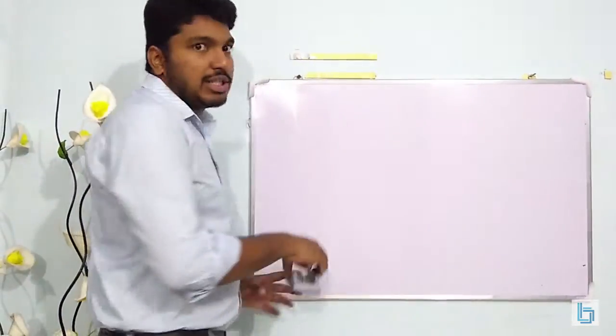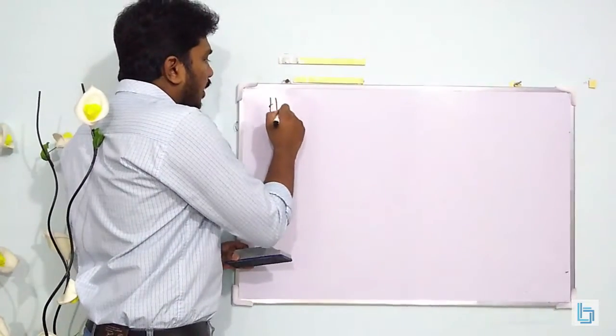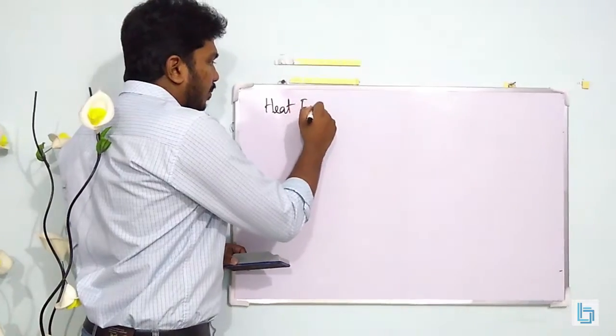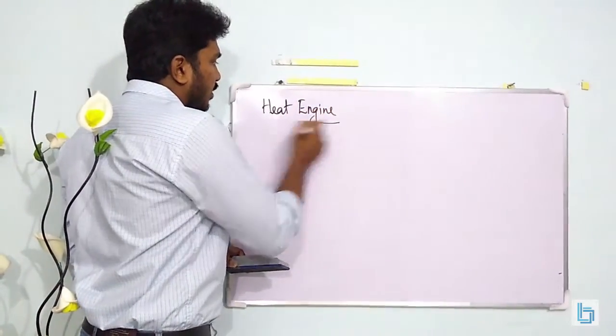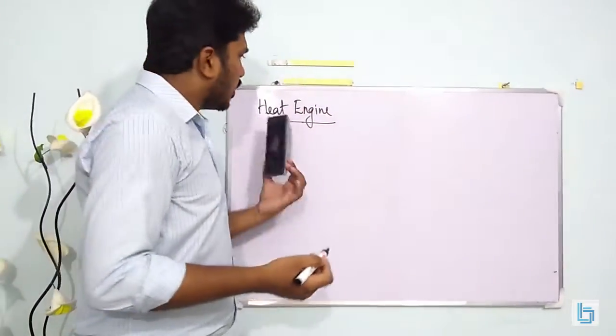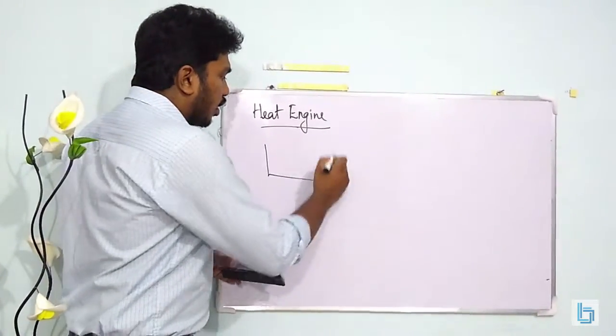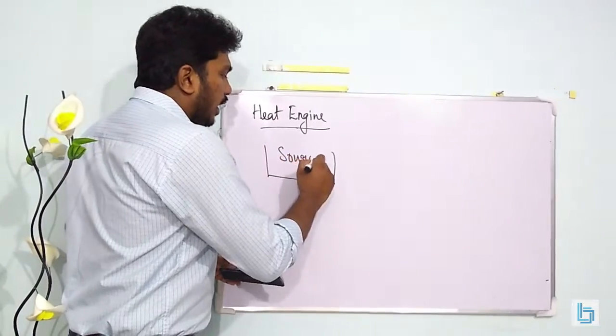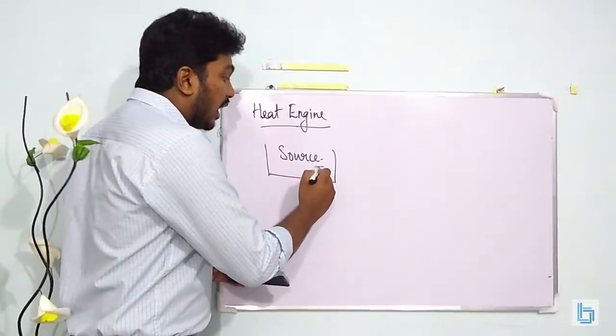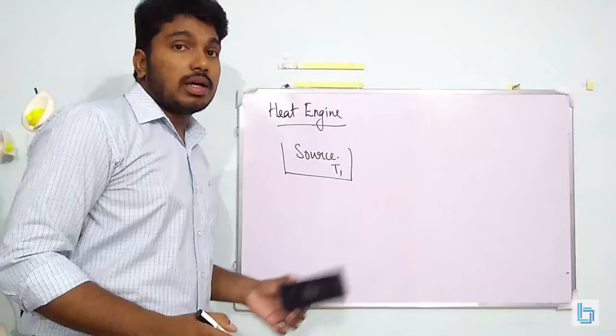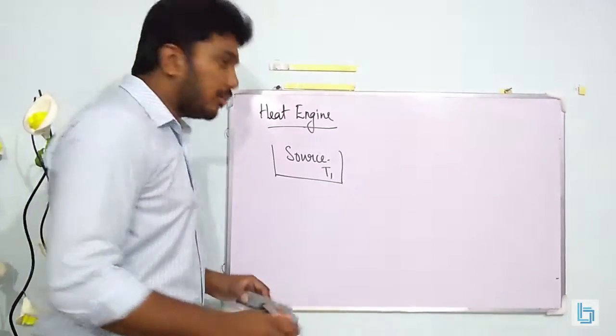What is a heat engine? Now you will be learning about a heat engine and a heat pump. First, let's learn about a heat engine. To learn about a heat engine, you should know about three entities. One, something known as a source. A source will always be kept at a very high temperature. It is a reservoir kept at a very high temperature.